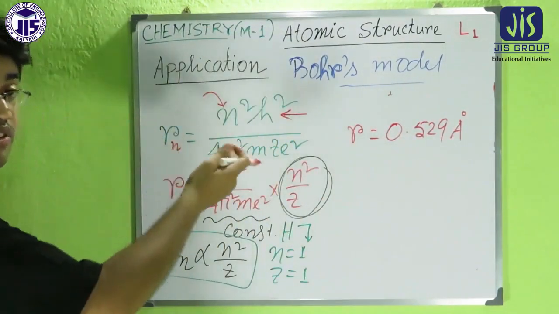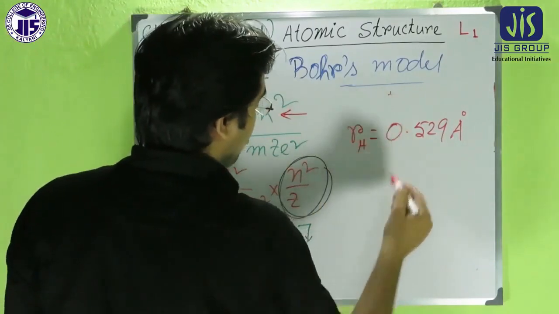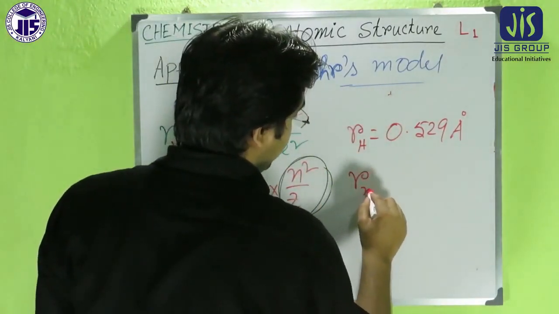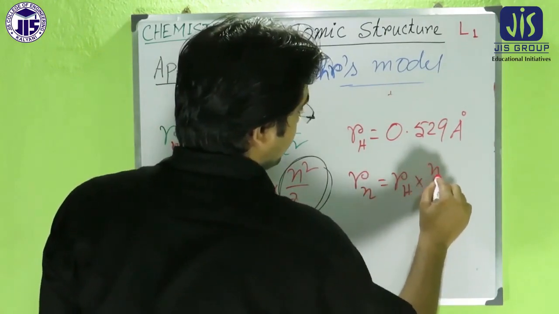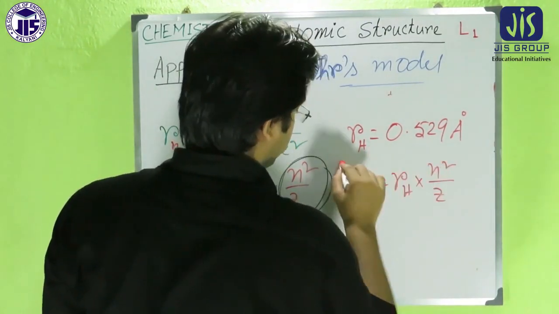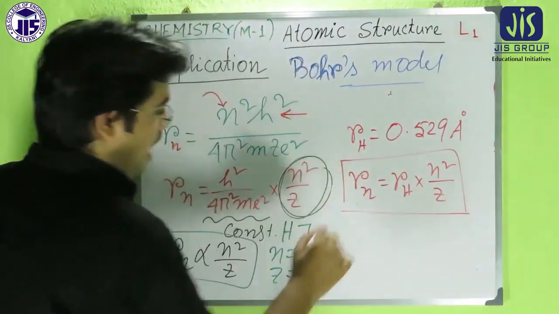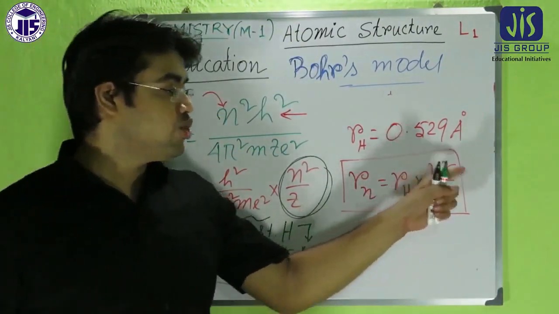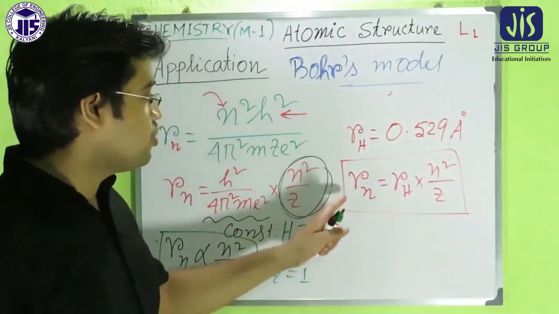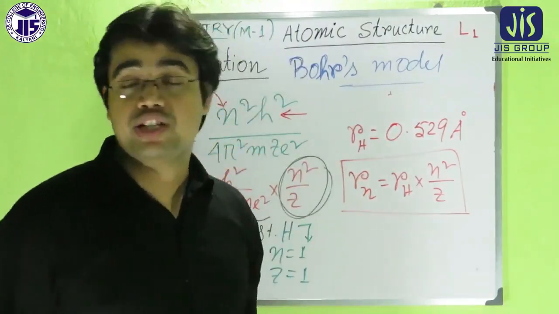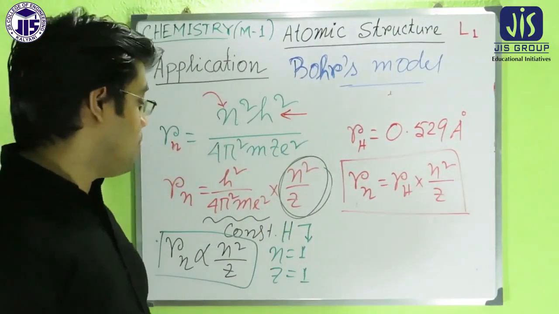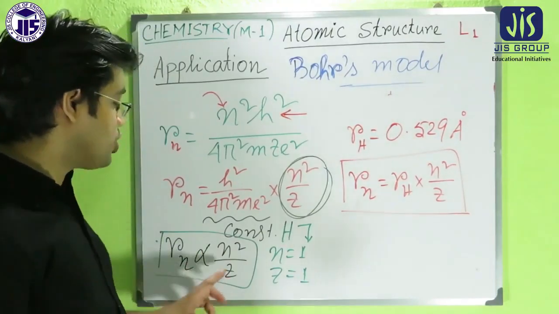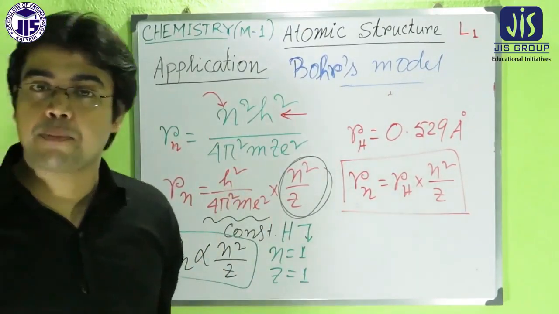That is a standard value for the hydrogen atom. Rn equals RH into n square by z. That is the main expression which we have to keep in mind for numericals, and mainly Rn is proportional to n square by z.